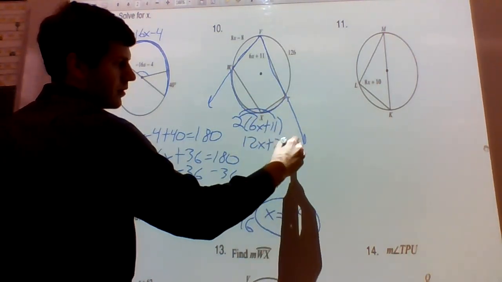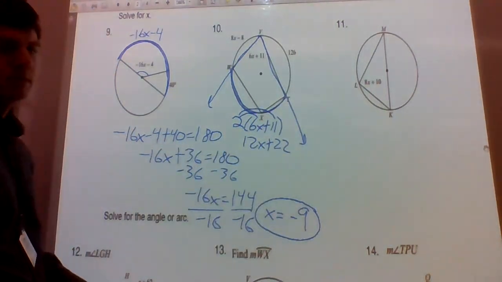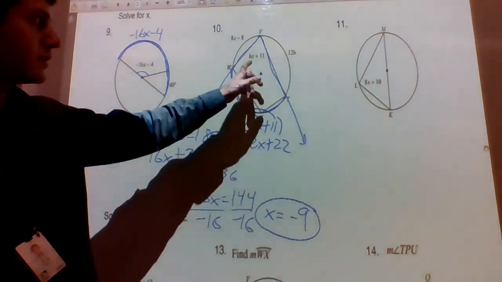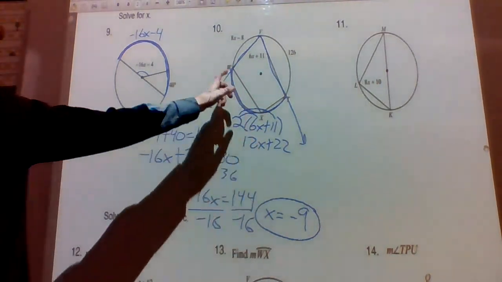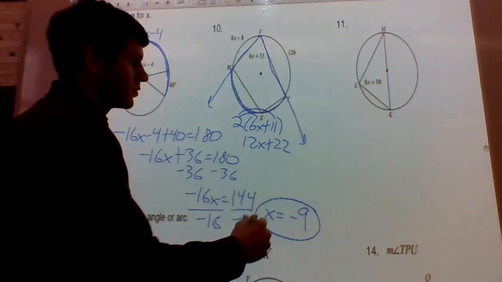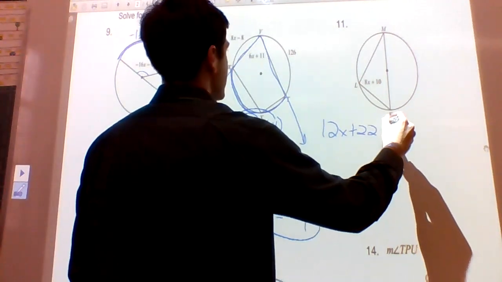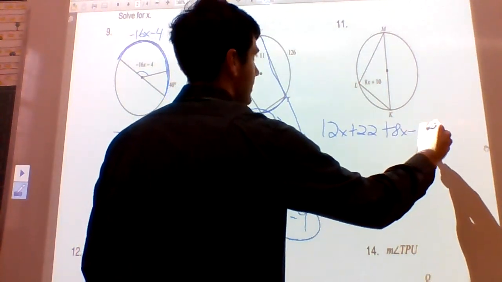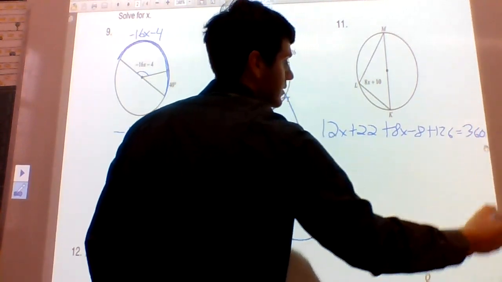All right, so the measure of arc WT is twice 6x plus 11, so 12x plus 22. And then we know all three arcs here will add up to 360. So 12x plus 22 plus 8x minus 8 plus 126 equals 360.